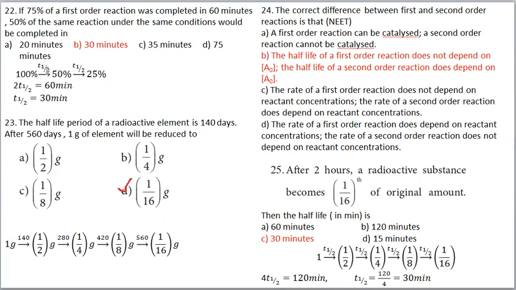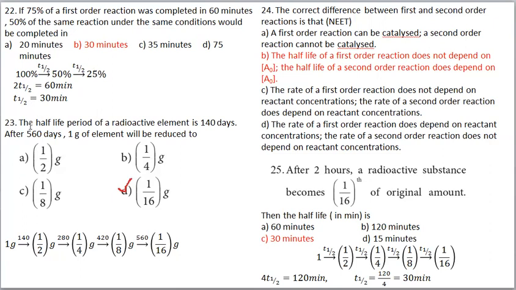After T half, remaining quantity is 50%. After one more T half, we get half of this value, 25%. In this question also, 75% reaction completed means 25% remains. So the time is 2 T half, which is given as 60 minutes. So 2 T half equals 60 minutes, and T half equals 30 minutes.